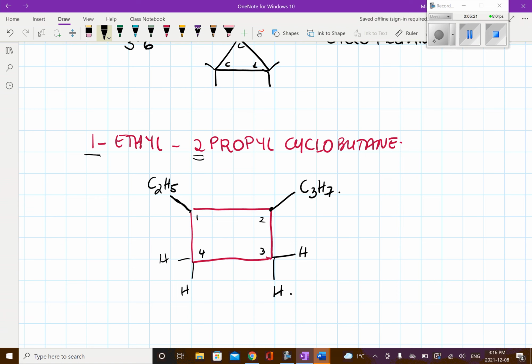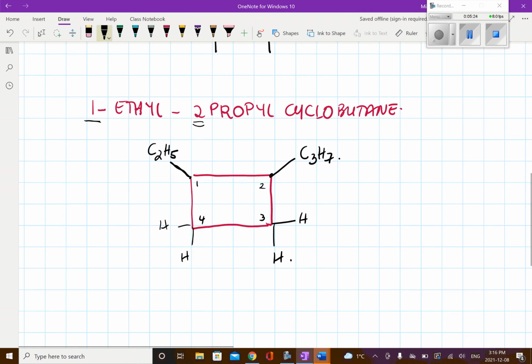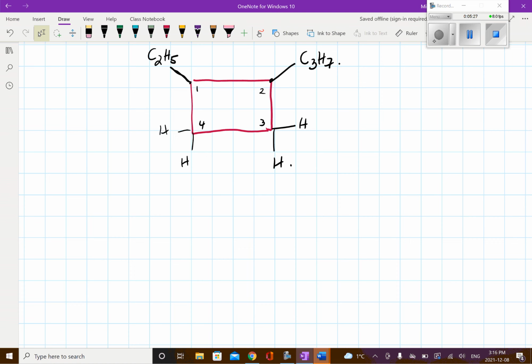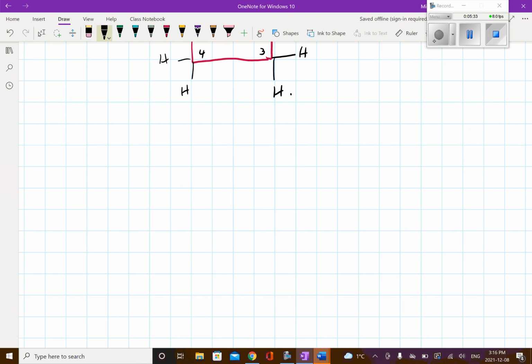But let's see now if we have a double bond or a triple bond. Double bond first. Let's suppose that we have cyclobutene to draw the structural diagram. So this is the indication that we have a double bond, and since it is not mentioned as to where, it doesn't really matter.